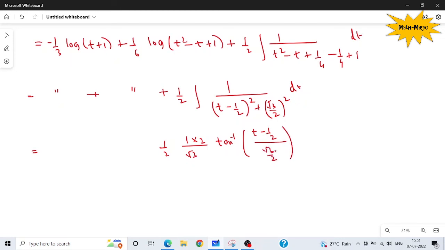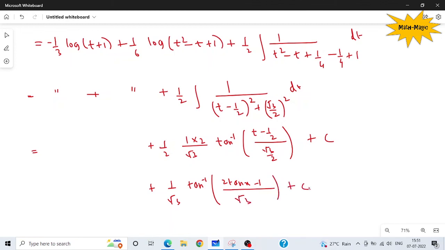Okay, so then now we can add our arbitrary constant c. It's an indefinite integration, so then plus 1 upon square root of 3, tan inverse of the bracket (2t minus 1) upon square root of 3, and here we can do the resubstitution, so what we get is 2 tan x minus 1 upon square root of 3 plus c.